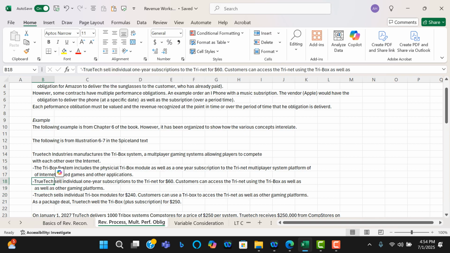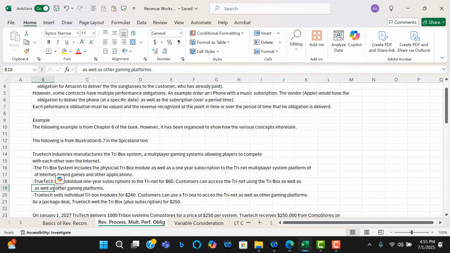The system, what I mean by system, is the network of games. If you subscribe to TrueNet, you can access TrueNet using the TrueBox system as well as other gaming platforms.